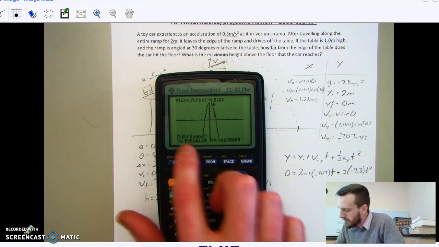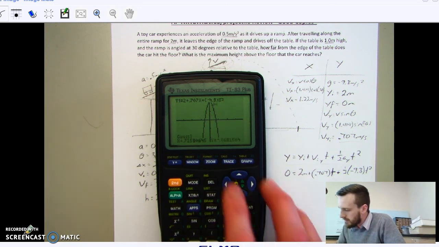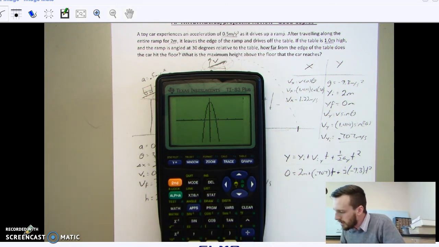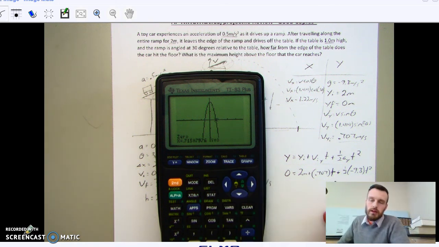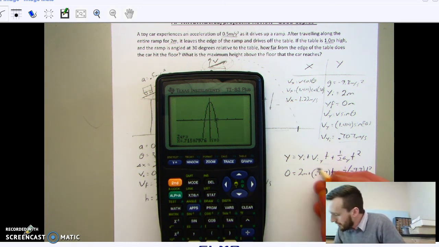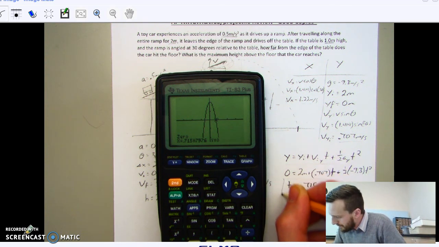So press enter for the left bound, press enter for the right bound, and select a point in between, and it's going to solve that equation for you. Now, could you use the quadratic formula, negative b plus or minus the square root of b squared minus 4ac? I don't feel like looking up the formula. I'm going to use my calculator. All right, so the time here we get is 0.715 seconds.